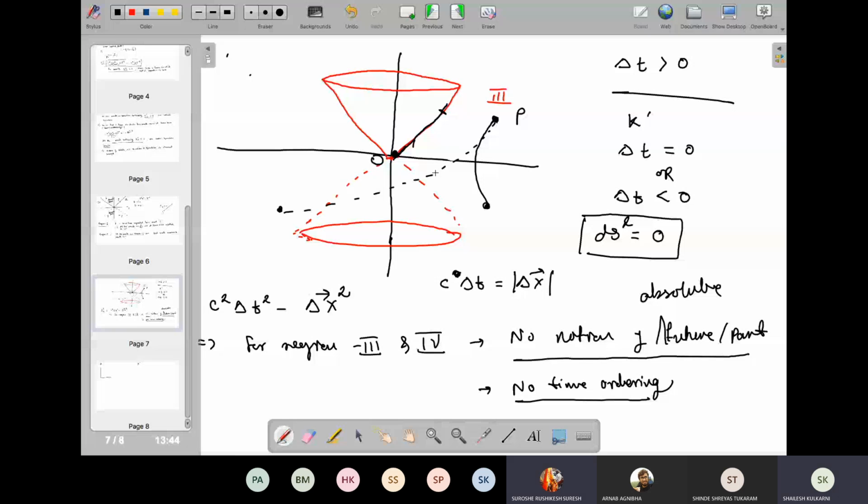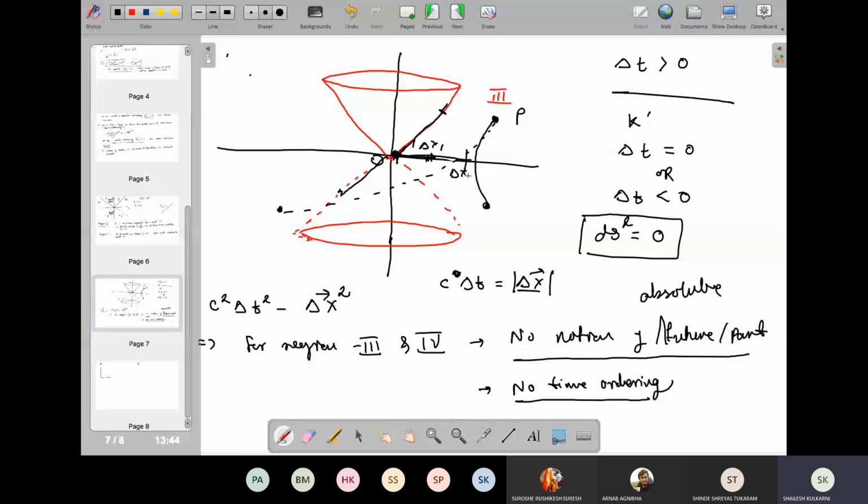Sir, what comment can we make about the time ordering on the null line? The notion of ordering is related to x. Suppose this is delta x1 and this is delta x2.